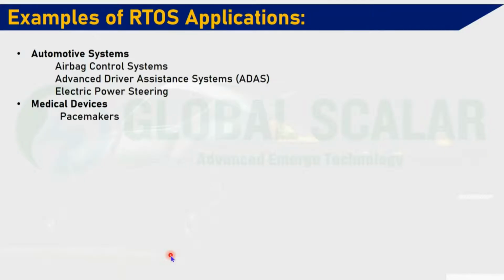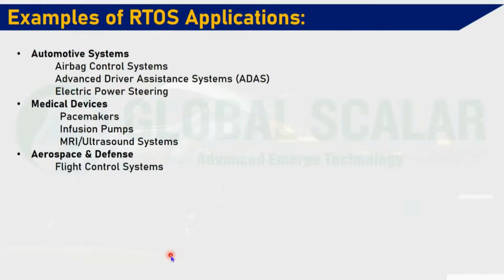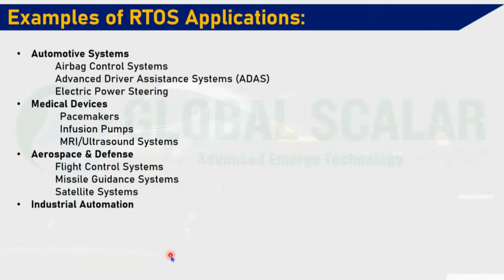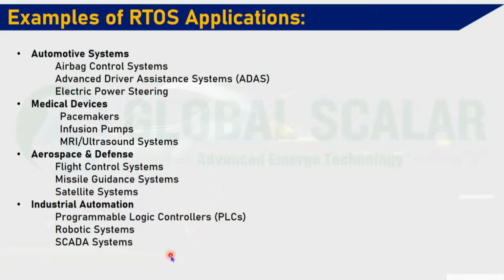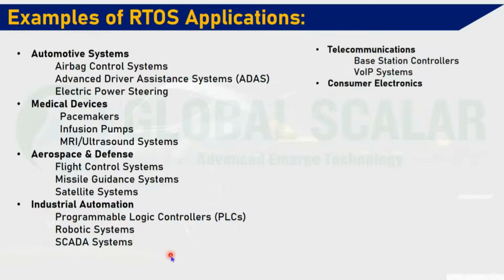steering; medical devices like pacemakers, infusion pumps, MRI and ultrasound systems; aerospace and defense like flight control systems, missile guidance systems, and satellite systems; and industrial automation like programmable logic controllers PLCs, robotic systems, SCADA systems. And apart from that, telecommunication, we have base station control, and consumer electronics: smartphones, wearables, and gaming consoles.